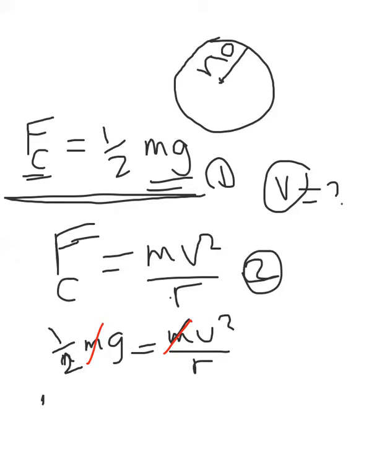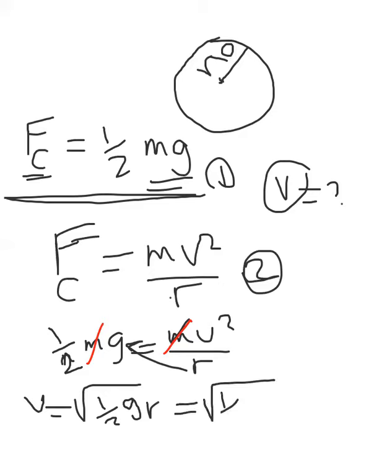So v equals the square root of half g times r. Taking the square root of both sides, the result will be the square root of half times 9.8 times the radius, which is 10. The result will be 7 meters per second. This is the velocity of this car.